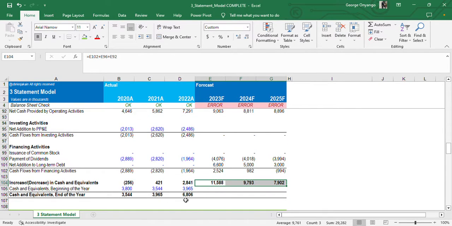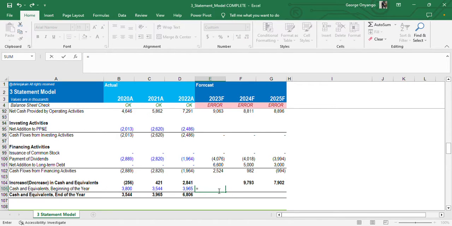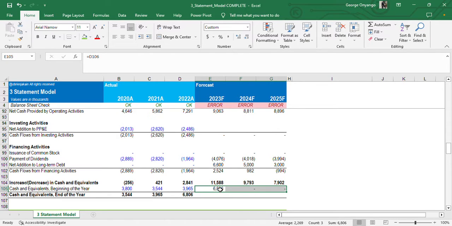Then we'll have the cash equivalent at the beginning of the year. We understand that the cash equivalent at the end of 2022 was 6,806. So it means at the beginning of the year, this is the value. We get that, we fill that right, and we get that.